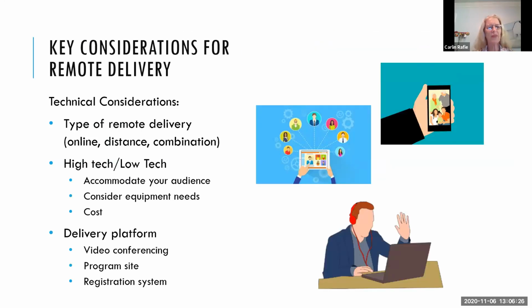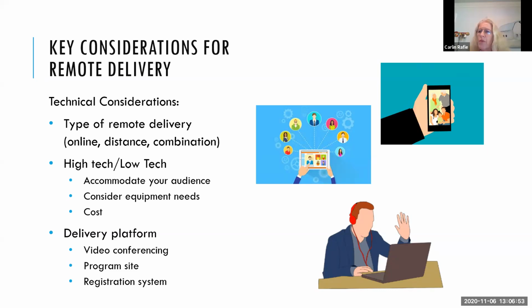Now, I'm just going to create a real quick framework of things that you should consider when you're thinking about adapting your DPP to the remote delivery platform. The CDC has 4 modes of delivery for the DPP program. One, of course, is in person, and for today's context, the other is an online delivery program.